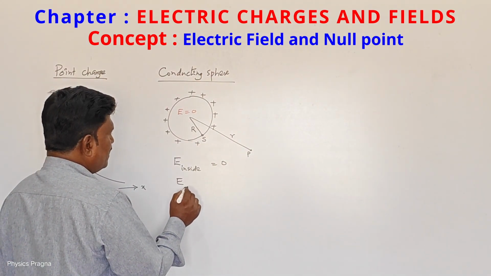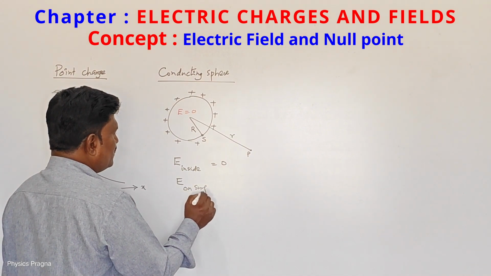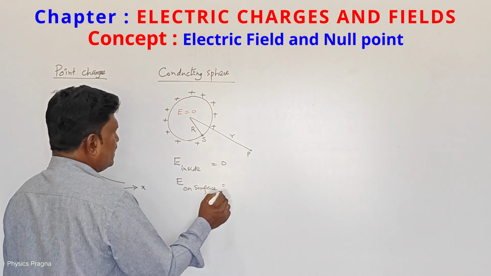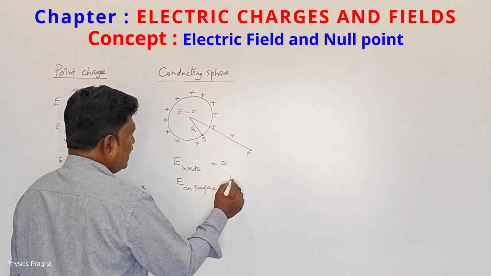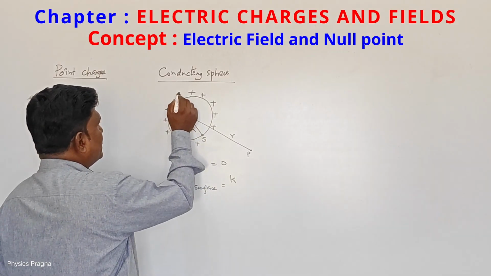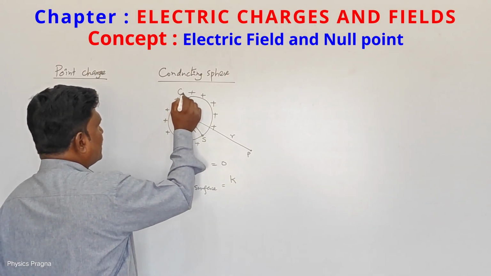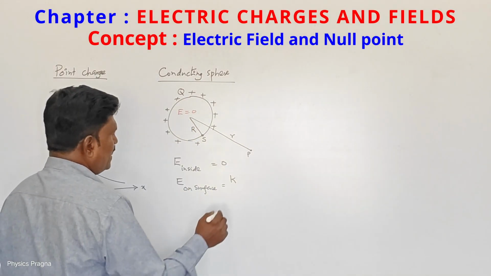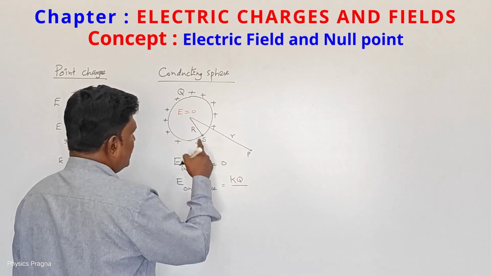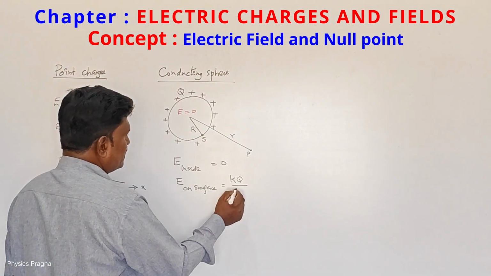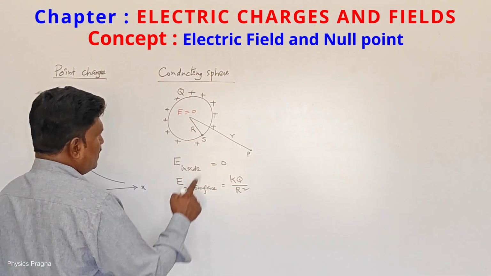Electric field on the surface of the conducting sphere is K. Let us take the charge here as capital Q, kq by the distance, the radius R square.